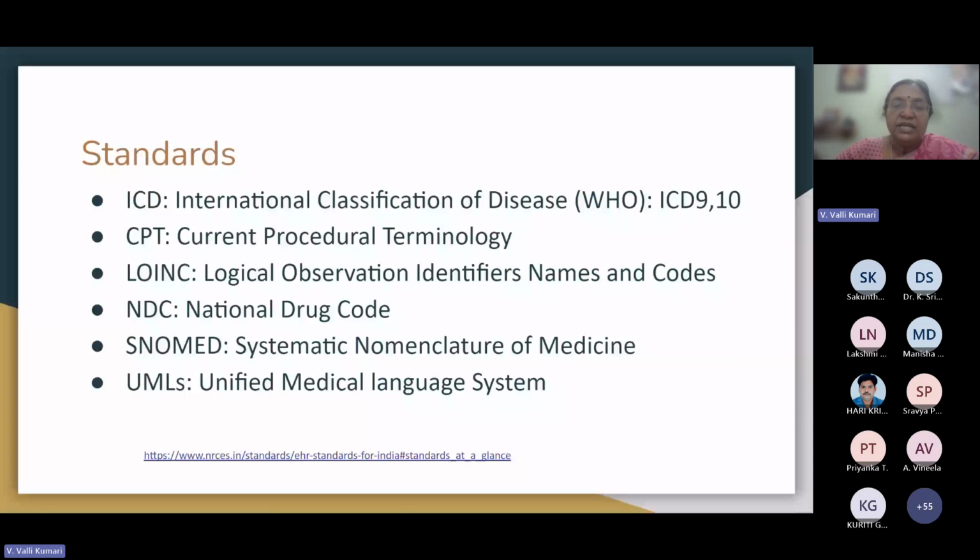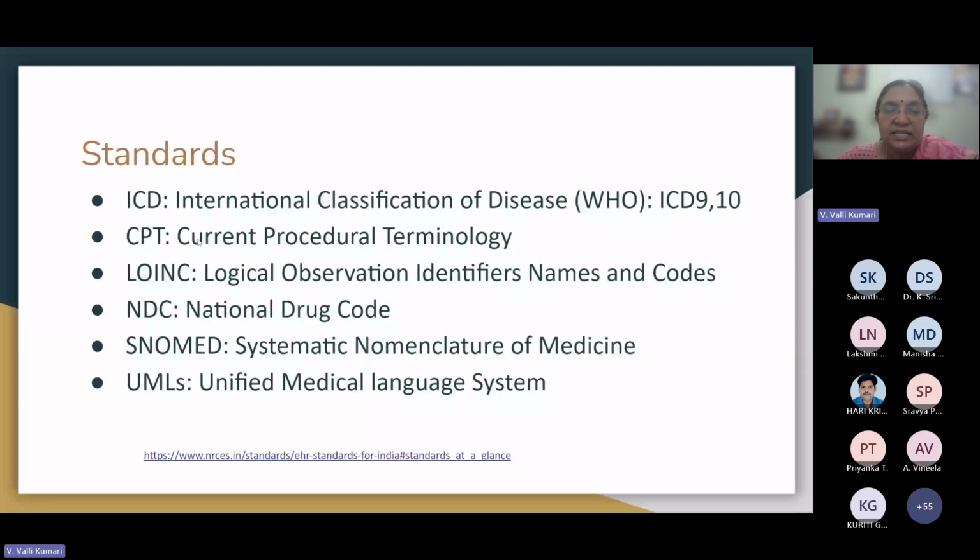So now you know about the training and the prediction. The data that we have is based on different formats and standards. So all the data sets that you come across use standards like ICD, the International Classification of Diseases, which is framed by WHO.